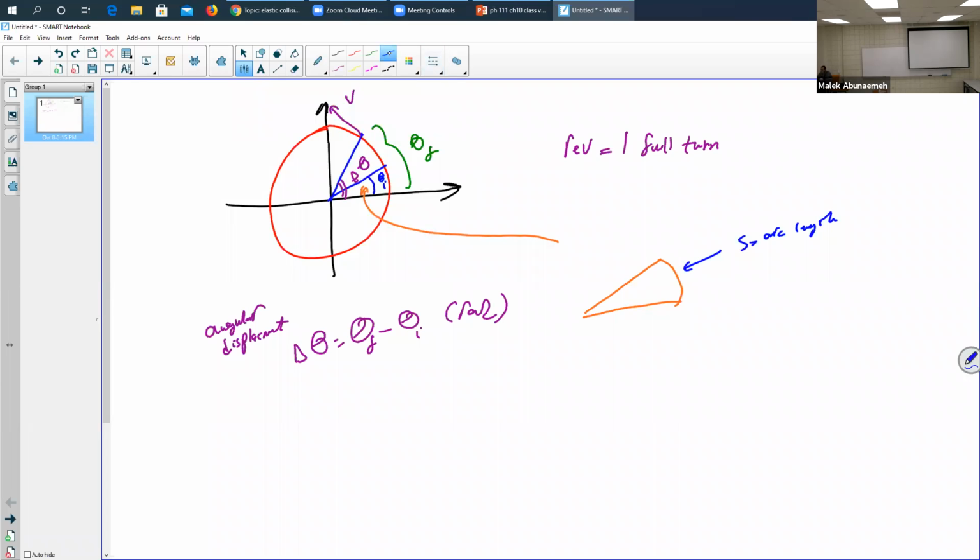Now, your theta, the angle that's responsible for us to turn, is going to equal your arc length s divided by r. What's r? r is your radius. This is called your reference line.